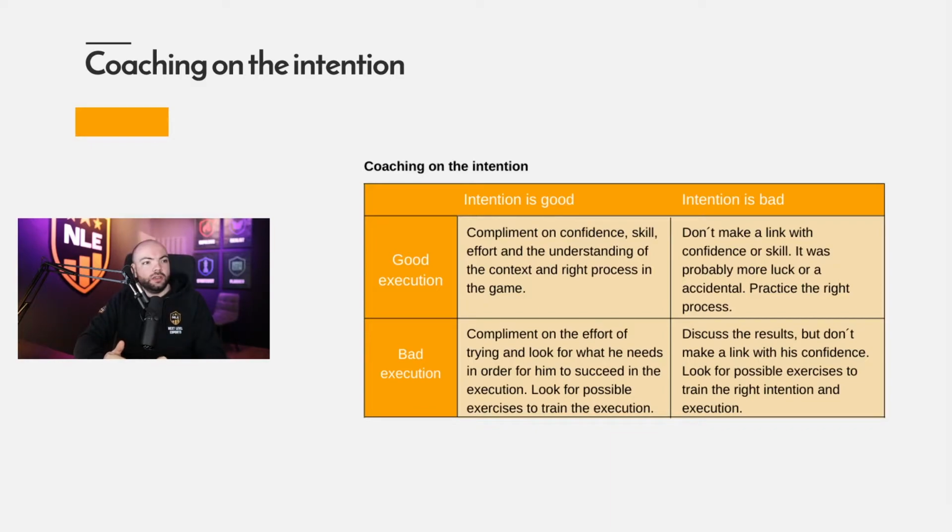Then we scooch over to the right, and we have a bad intention but a good execution. This is really something to look out for, and it can be dangerous for players to get into that positive feedback loop while their intention is bad. Now we're talking about risky plays that probably 7 out of 10 times are not the way to play, or 8 out of 10 times, or maybe even more than that.